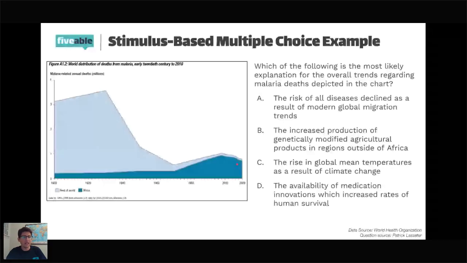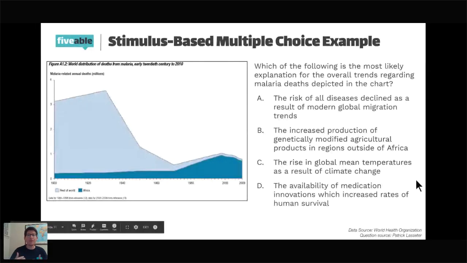However, we're seeing larger numbers dying in Africa, but since it asked the overall trend, we have an overall downward trend. Okay, so keeping that in mind, I've looked at that chart, and I need to look at the correct explanation for that downward trend now that we have identified it.